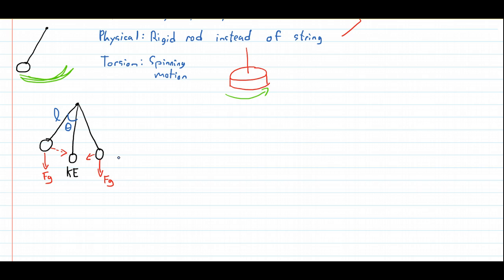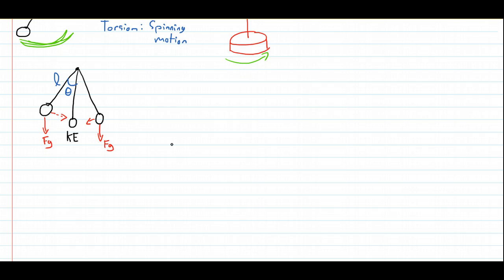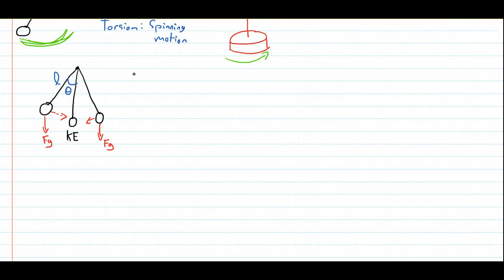And because it's moving along an arc instead of a straight line, we want to treat it as rotational motion instead of linear motion. So, to start, we can start with Newton's second law of rotation, which is torque equals moment of inertia times angular acceleration.